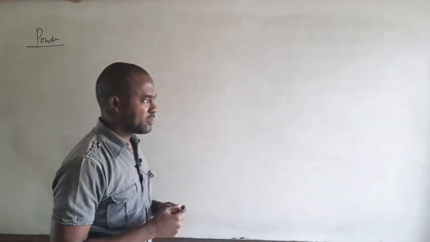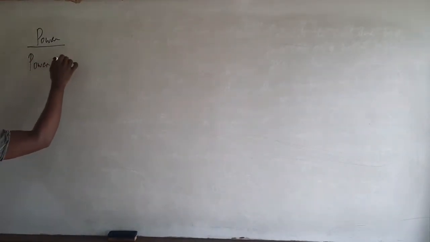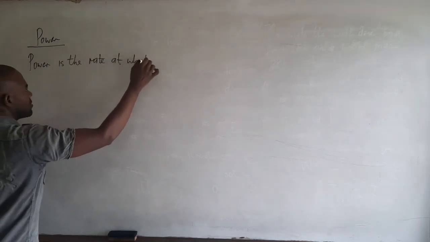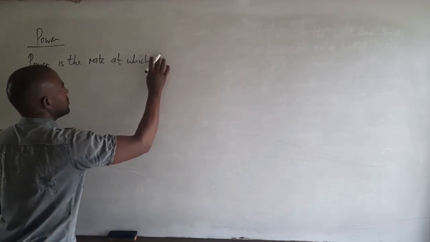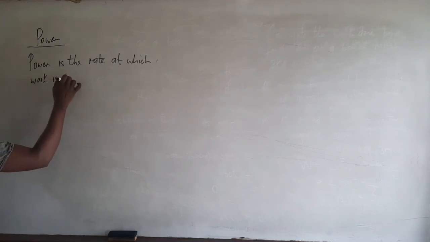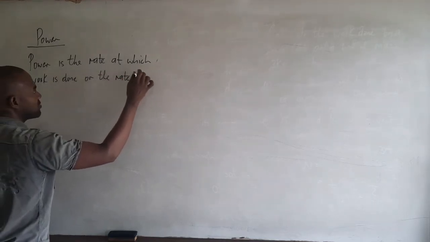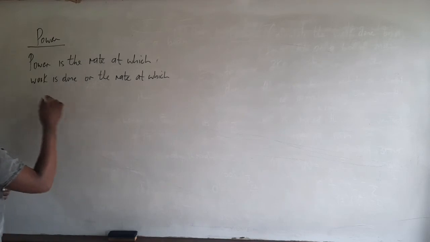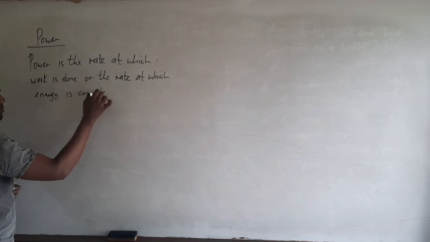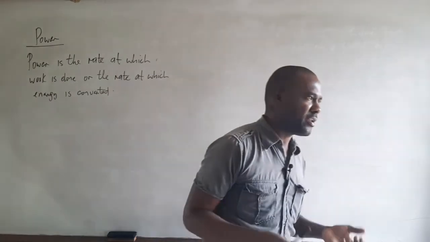Power is basically the rate at which work is done, or the rate at which energy is converted. Right? So power is the rate at which work is done, or the rate at which energy is converted.